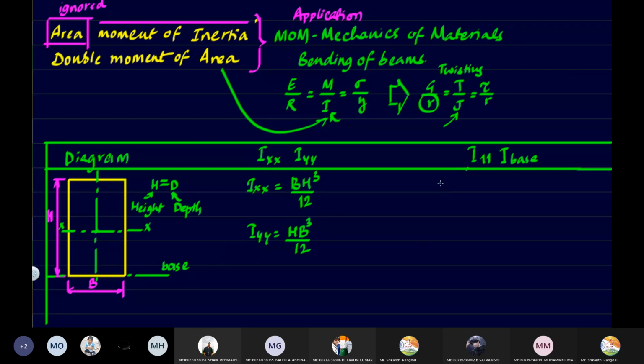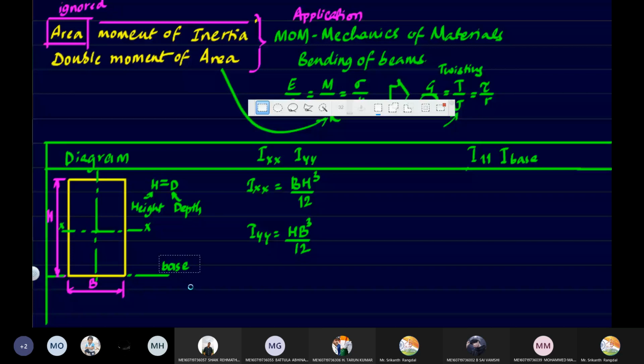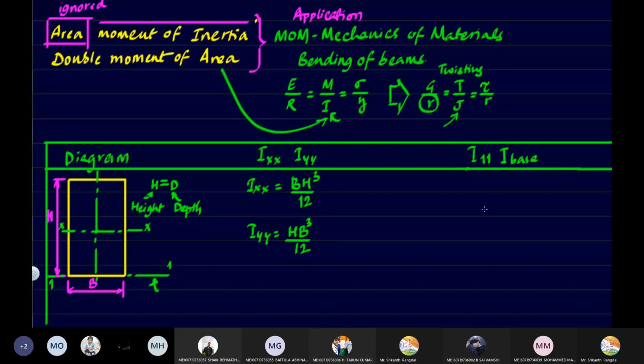Now let us see what is the base. Calling it base will be a little confusing. Instead of that, let me call it as 1. So this is 1 axis at the bottom. So how to find it? What is I11?